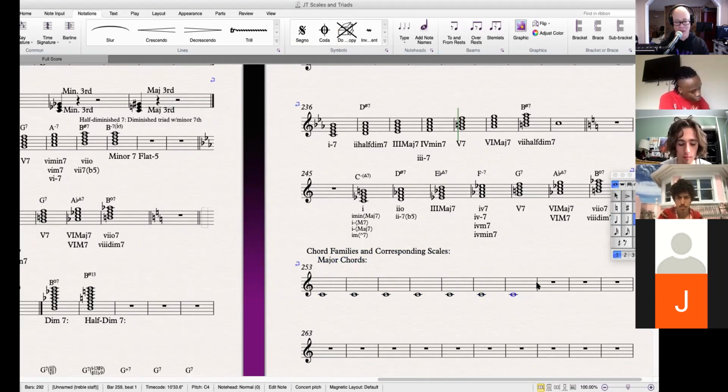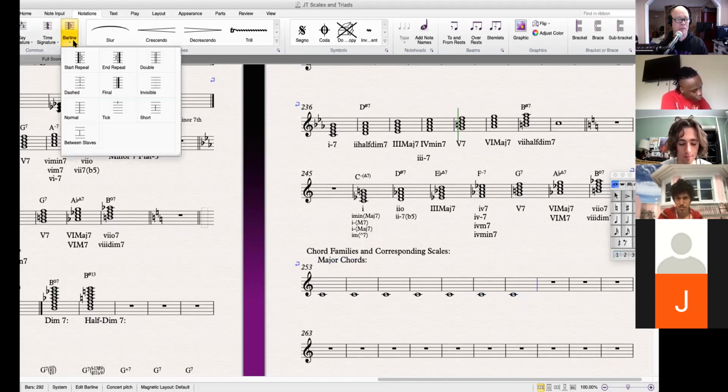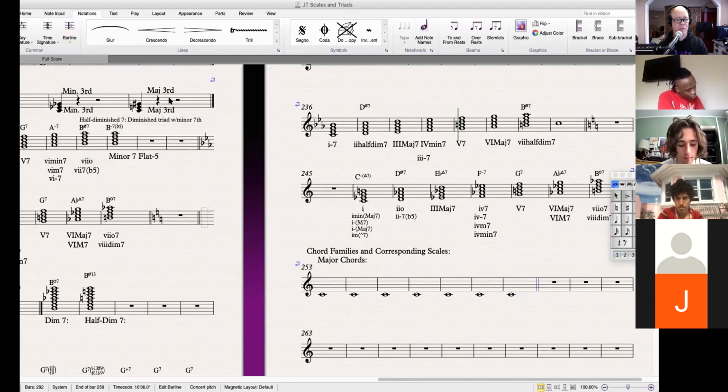So we have 7 basic chords in the major chord family. And remember, I said in jazz, we don't tend to use triads very frequently, right? It's becoming a little more common, as I said, with more modern music.